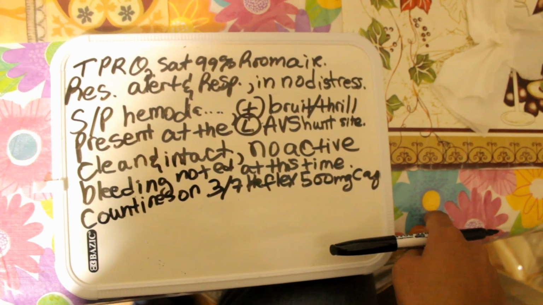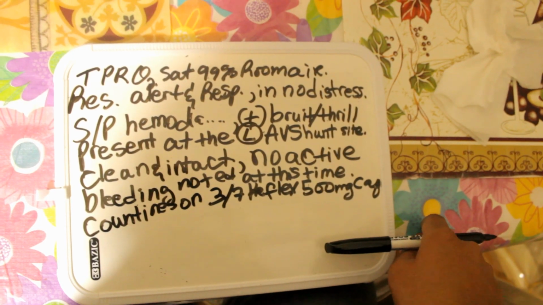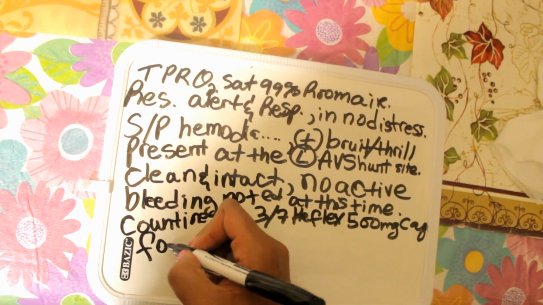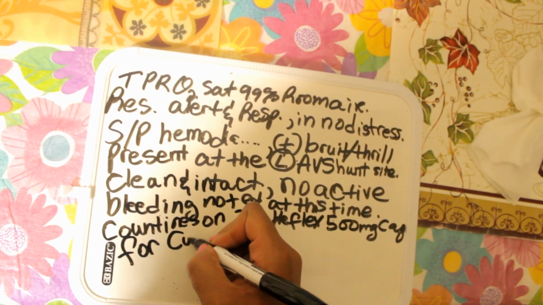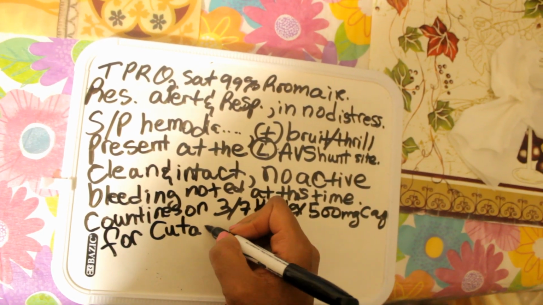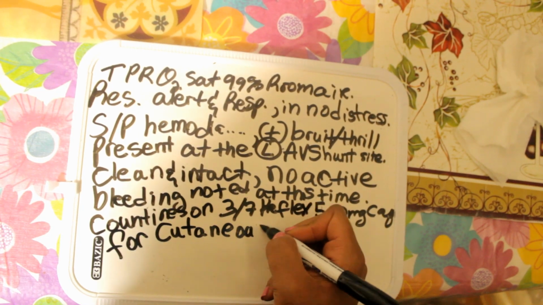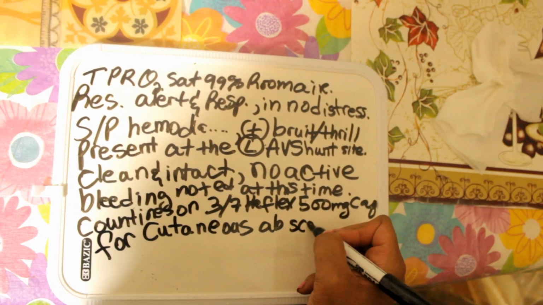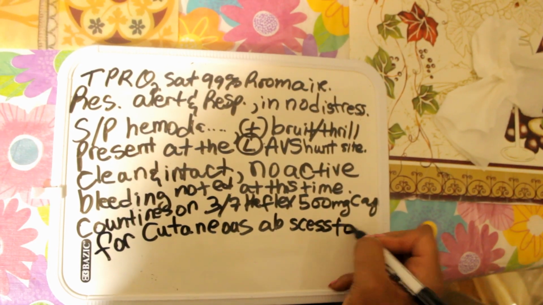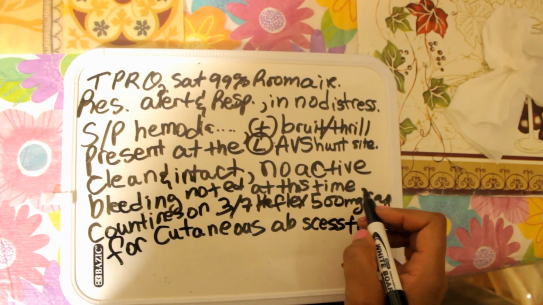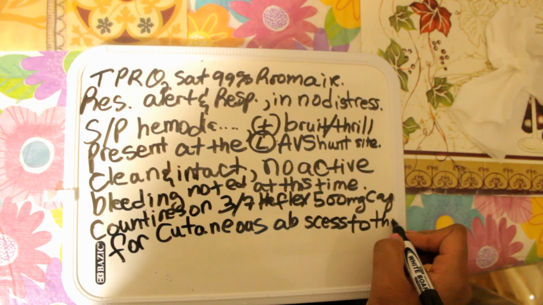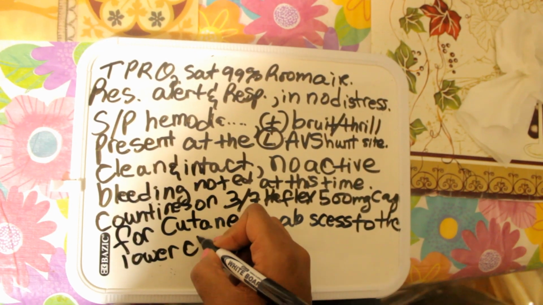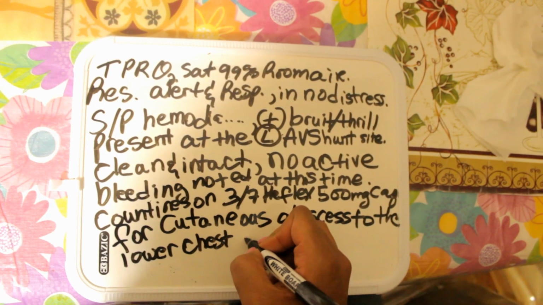And then you're going to write what it's for. This person had a cutaneous abscess to the lower chest area.